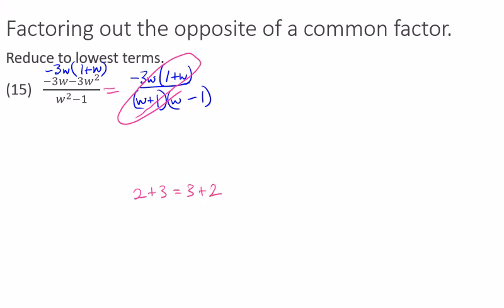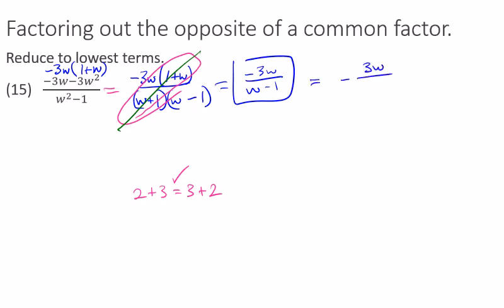So 2 plus 3 is the same as 3 plus 2, okay? And so these actually are the same. So we can just cross them out. And so we end up with negative 3w on top and w minus 1 on the bottom. Okay, sometimes people might write that as negative in the front, and then 3w over w minus 1 there. So either way is good.